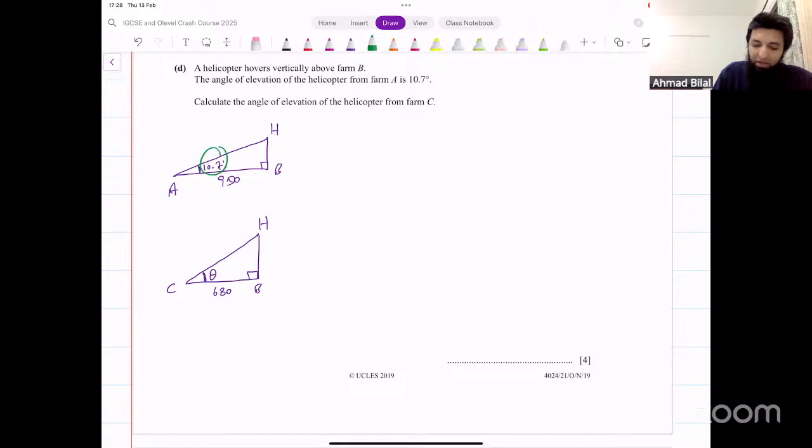With respect to this angle, HB is opposite, which is perpendicular, and 950 is adjacent, that's the base. What's the ratio between perpendicular and base? It's tan. So perpendicular, which is HB, divided by the base, which is 950, equals tan of 10.7 degrees. And that can give us the value of HB.